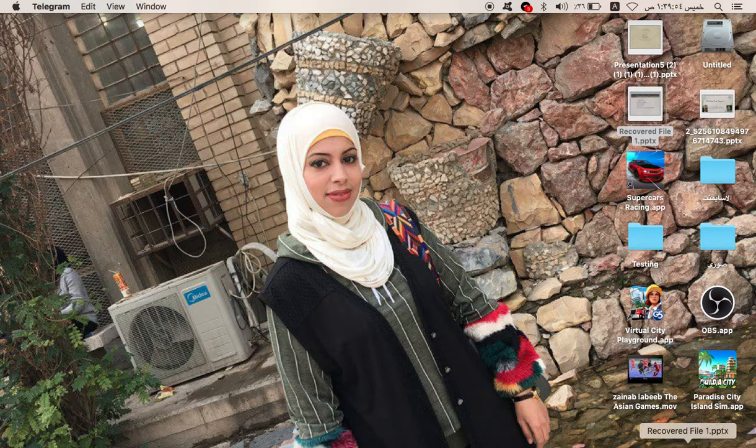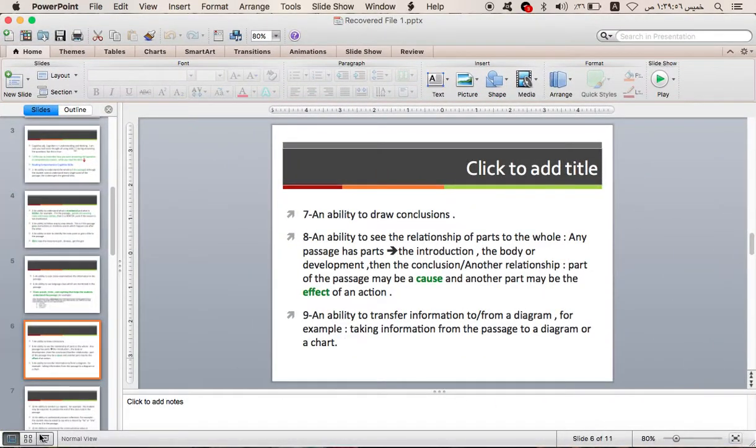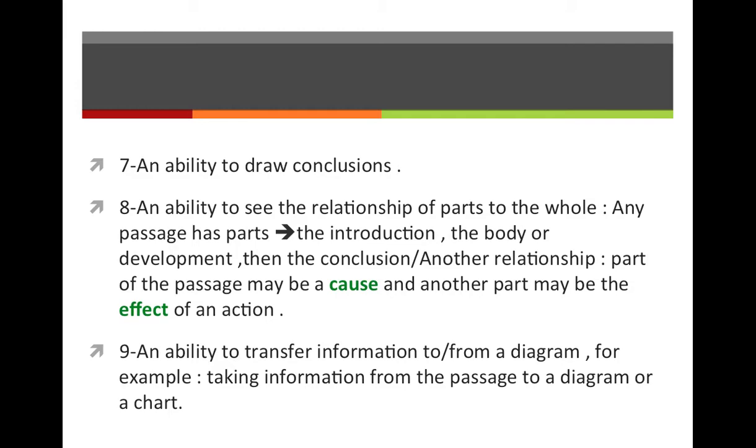Now we come to the seventh cognitive skill, which is an ability to draw conclusions. You know the word conclusions. When you studied composition, you were told that the composition has three parts: the introduction, the body of the development, and then the final part.